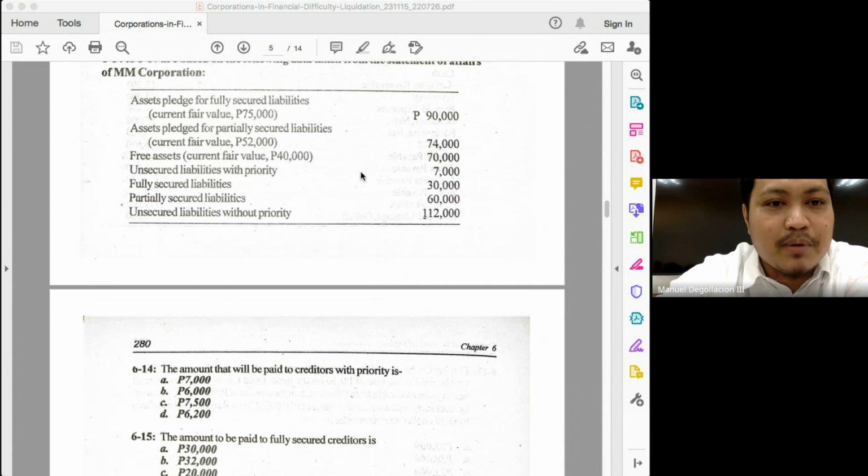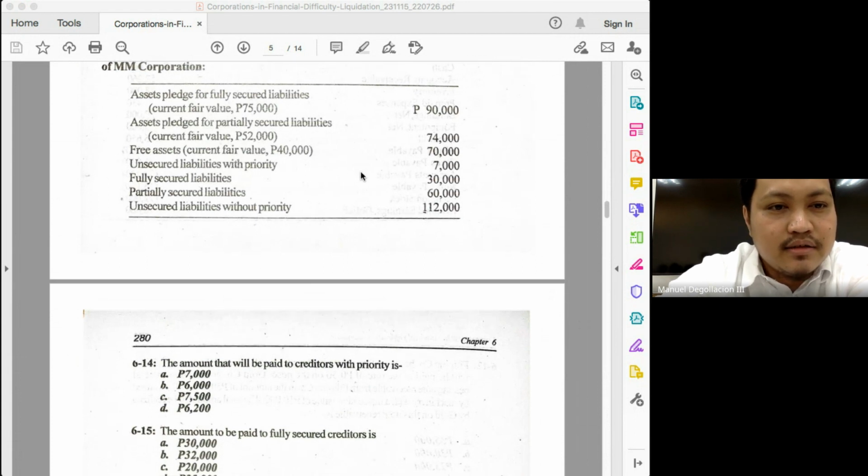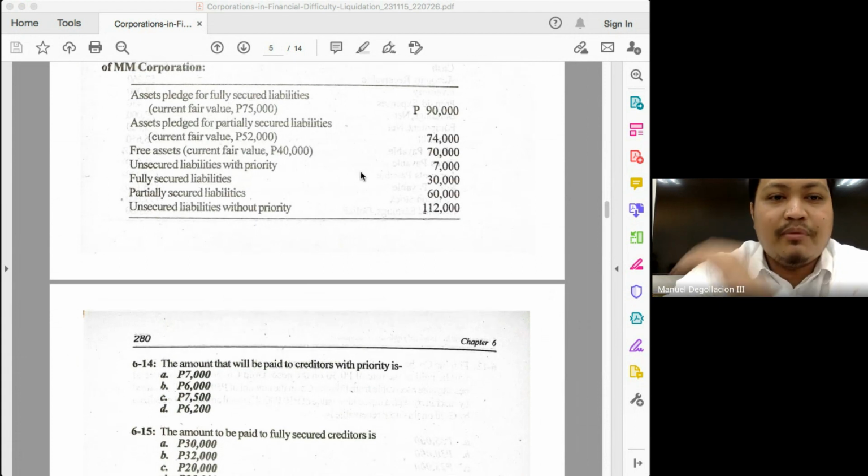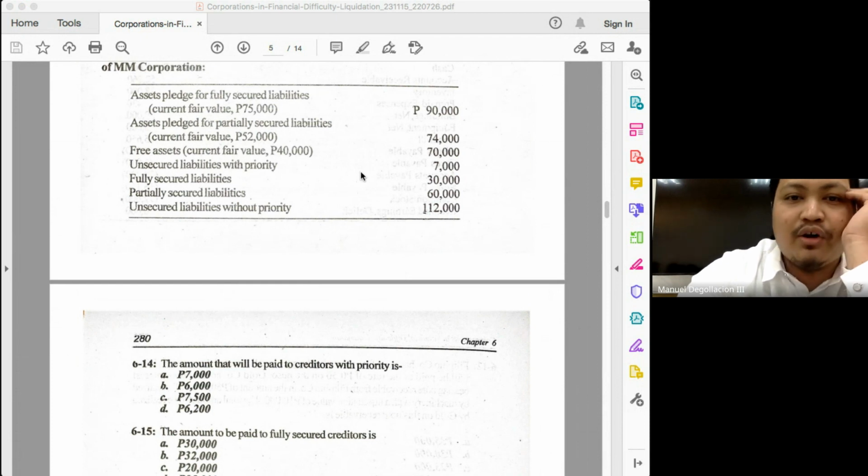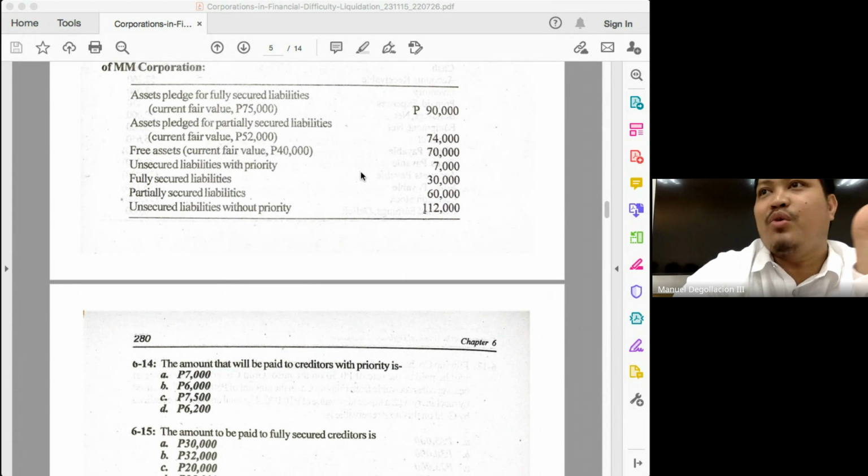Is it given in the problem, class? Okay, given in the problem: unsecured liabilities with priority in the amount of 7,000, and that will already be your answer. So expect this kind of problem. One problem, 4 questions, and 2 out of the 4 are already giveaways, class. So there's no reason for you not to get even just 50% in the examination.